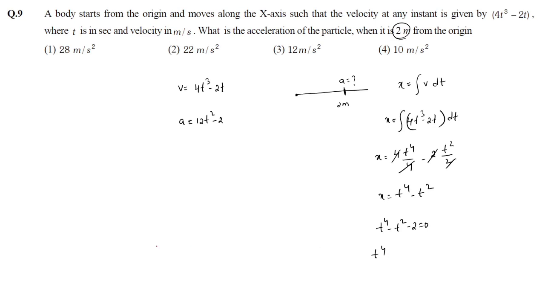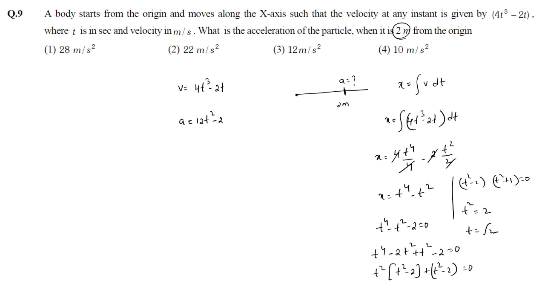So t power 4, we can write this one as minus 2t square plus t square minus 2 as 0. So t square, if you take common, t square minus 2 plus t square minus 2 is equal to 0. So that is t square minus 2 if you take common, t square plus 1 is equal to 0. So t square plus 1 is not equal to 0, then t square is equal to 2, then t is equal to root 2.